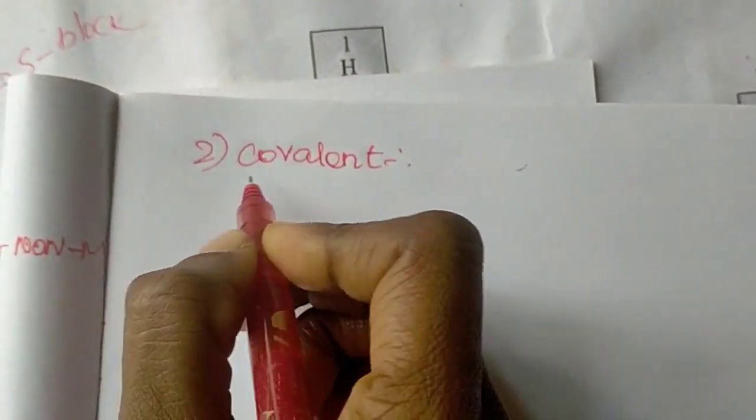The second type of hydride is covalent hydride, or molecular hydride. Here the bond forms only because of sharing of electrons between the element and the hydrogen it is combined with. So the mutual sharing of electrons in this reaction produces a covalently bonded hydride, or molecular hydride.